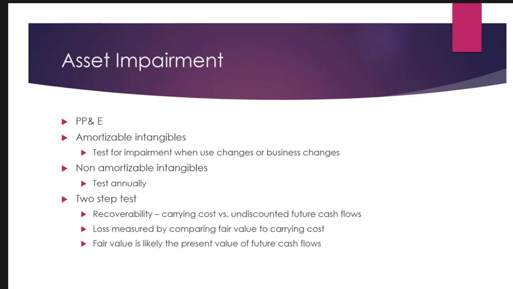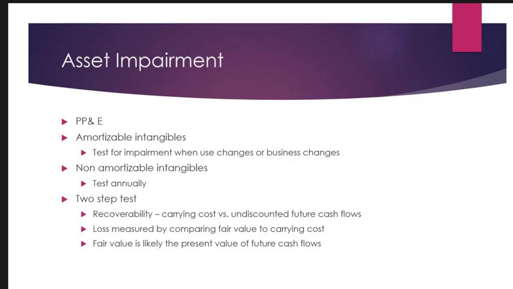Chances are our fair value is going to be determined by applying present value of future cash flows, similar to last week. So we'll take the cash flows from this asset, maybe we rent it out instead of using it. Those future cash flows will now be calculated as a present value. And the amount of that present value of those future cash flows is going to be lower than the carrying cost. It'll have to be because the asset is impaired.